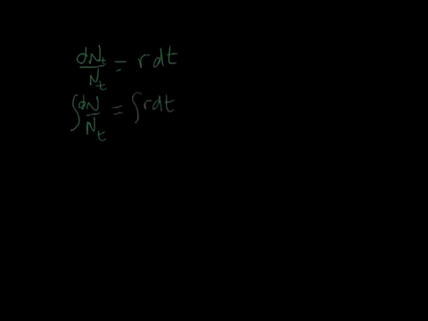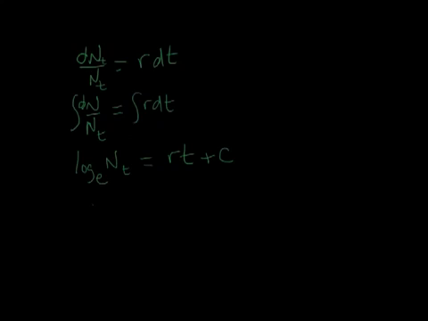And we know now that this is going to be log base e of n at t. And this, because of some calculus stuff you should maybe take my word for now, is going to give us r times t plus something called a constant of integration.